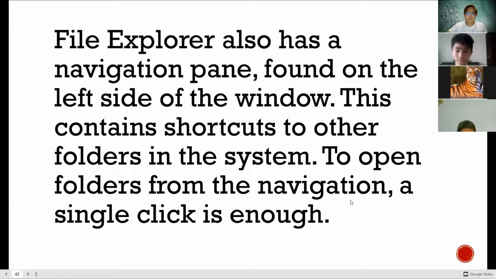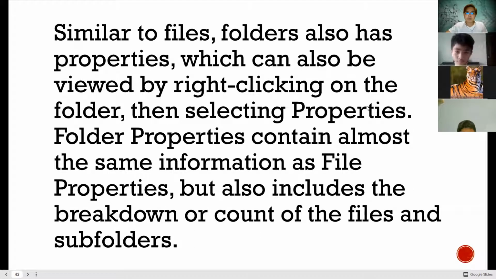So again, to open folders from the navigation, a single click is enough in the navigation pane on the left side. Similar to files, folders also have properties, which can be viewed by right clicking on the folder, then selecting properties.